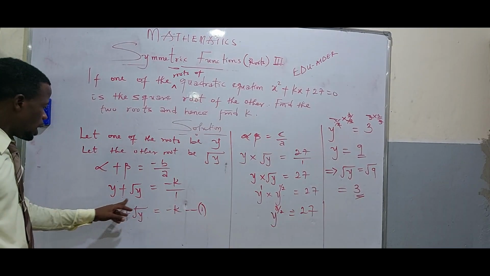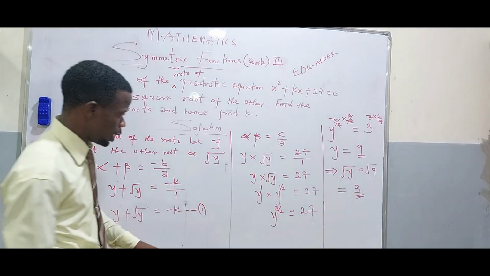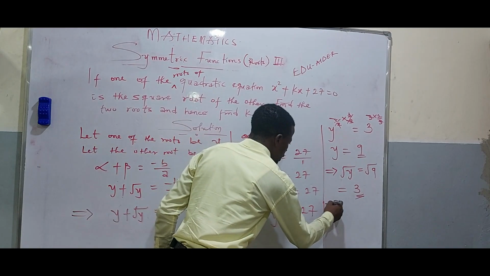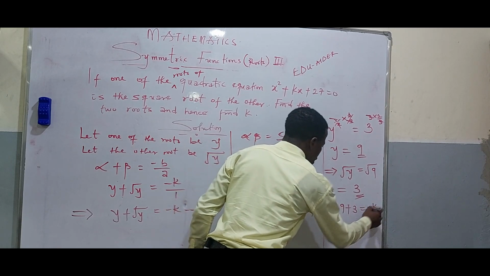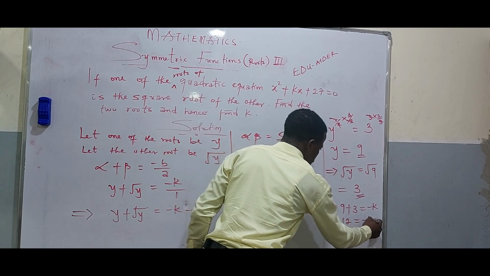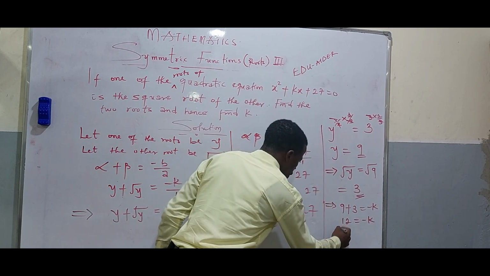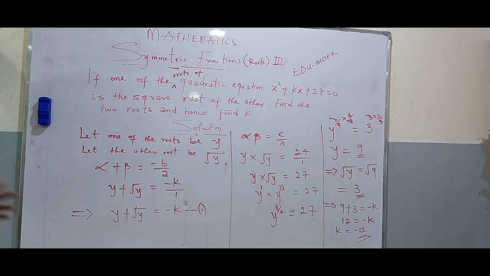From here, addition of the two roots will give us minus k. That implies we have 9 plus 3 is equal to minus k, and that is 12 is equal to minus k. We need k. So k is equal to minus 12. We have solved for the two roots, and we solved for k.